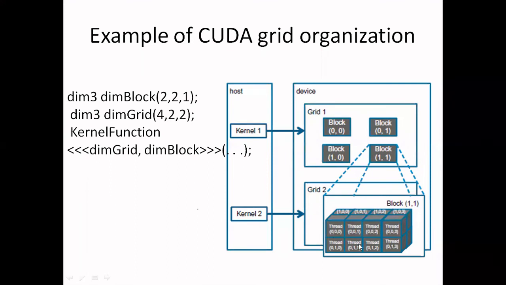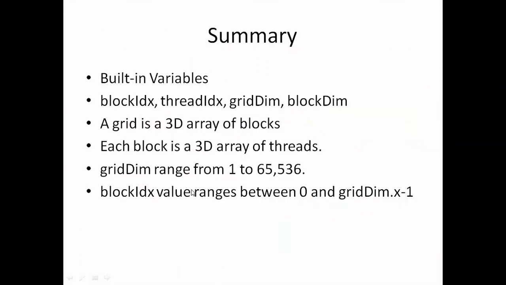That is what you have to understand here. So you have seen the built-in variables like block index, thread index, grid dim, and block dim. You have understood how their values can be set and accessed, and that there is something called the dim3 type. Block dim and grid dim can be specified as dim3 type.